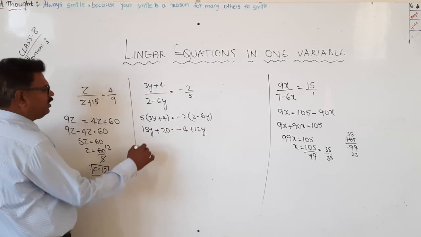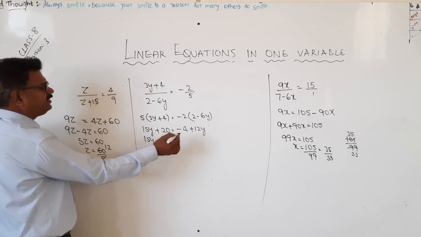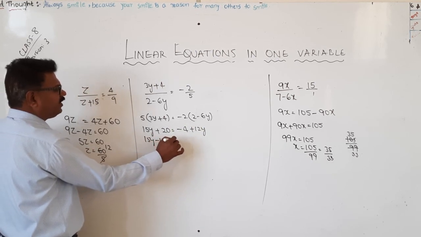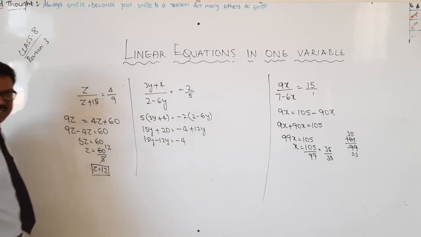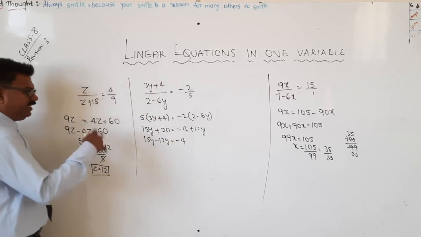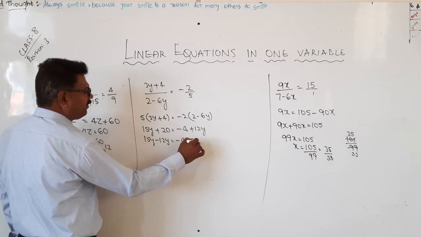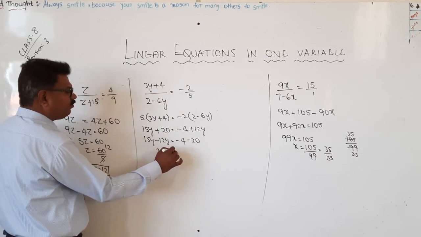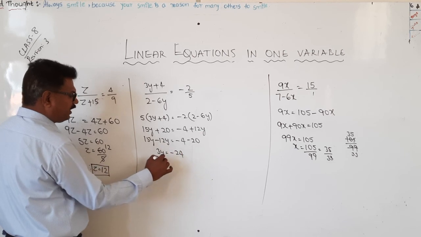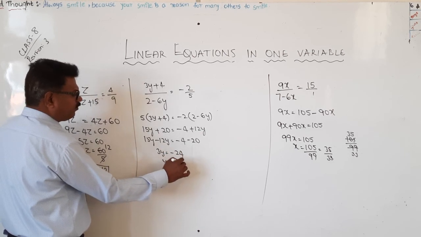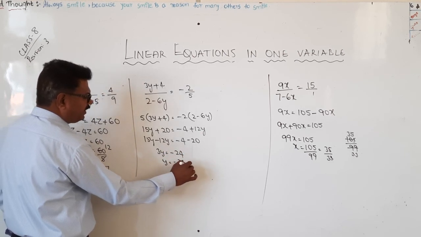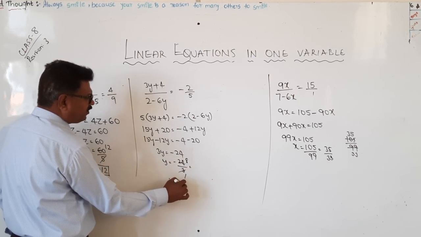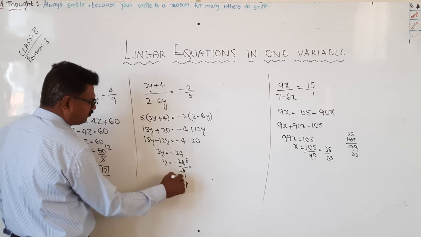Now 15y as it is, and 12y, if it comes here, becomes minus 12y. Already minus 4 is there, and plus 20, if it goes that side, becomes minus 20. Therefore 3y equals minus 24, and y equals minus 24 by 3. 3 eights are 24, therefore y equals minus 8.